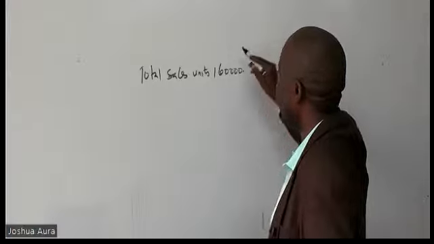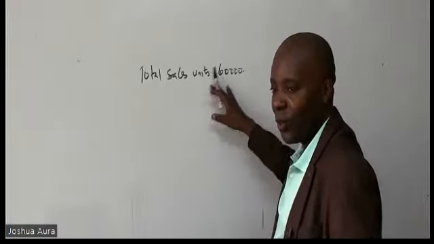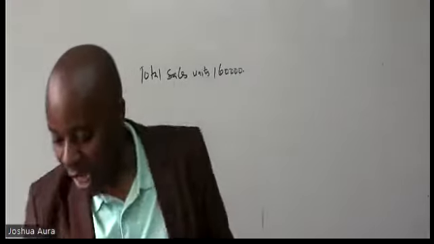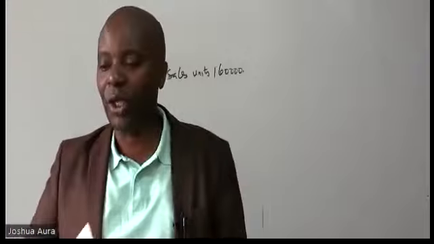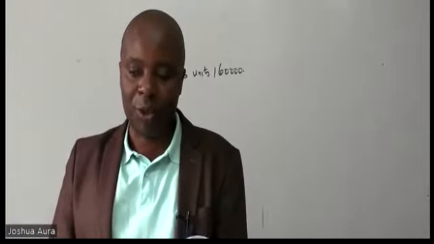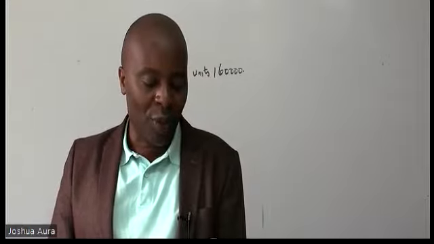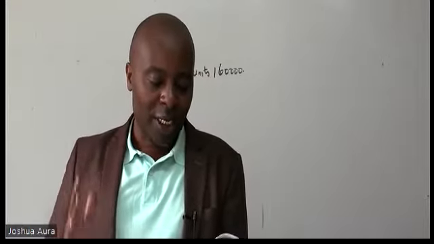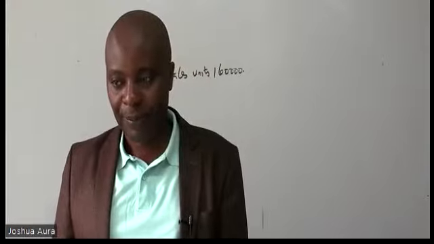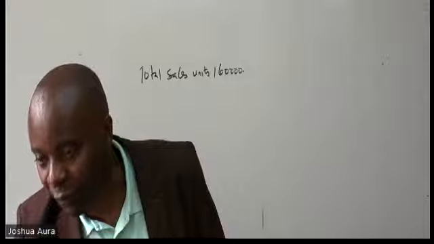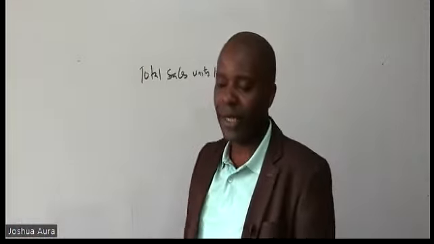So we have here, total sales is 160,000. I'm getting the total sales units from this table given. They told me number of units here are 120,000 for A, and then B is 40,000. So this total sales, if you add 120 plus 40, that gives us 160,000.